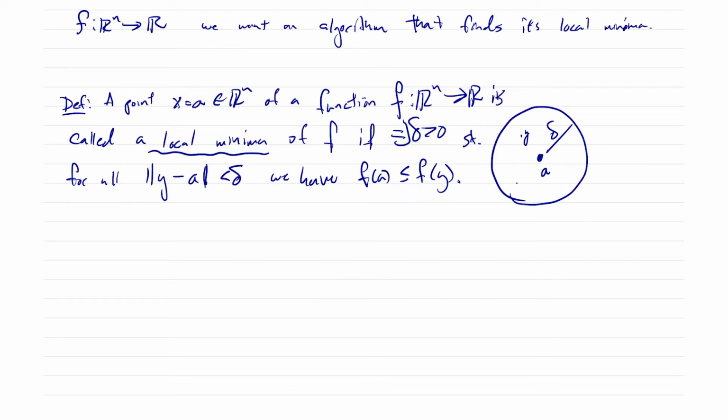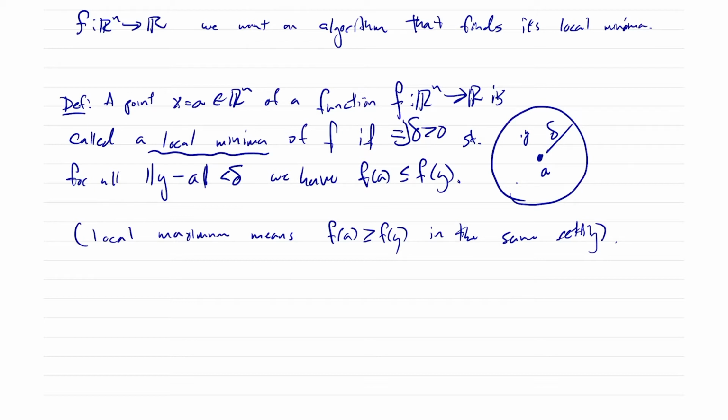So we'll say a local maximum means f of a is going to be bigger than or equal to f of y in the same setting. Right.